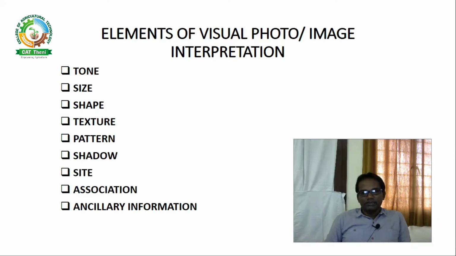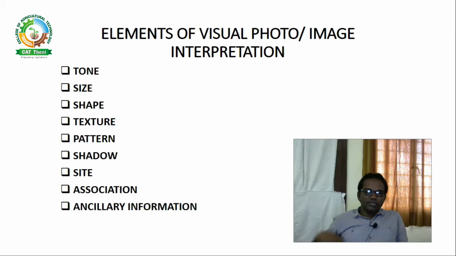And if the soil is dried, definitely it will be in a light tone. Then size: you take the road pathway. The road can be differentiated into a pathway, a narrow road, or a highway. That photo image interpretation is called size.